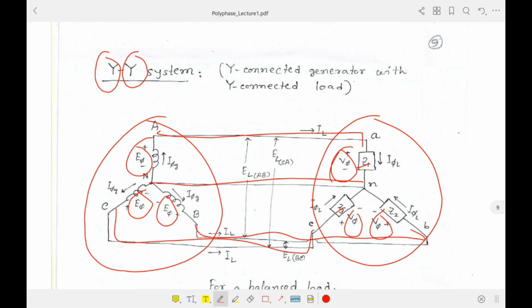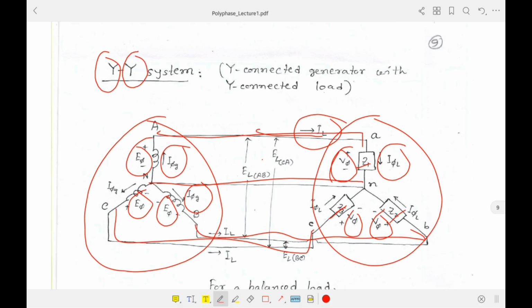Then these are Z1, Z2, Z3, the corresponding loads, and the phase currents, that is here I phi Z, that means at the generator side, and here I phi L, that is at the load side, and this is the line component IL. And again, you know, there are phase components and line components.